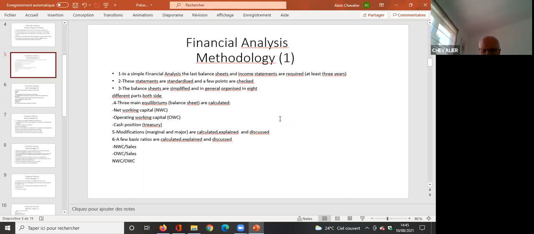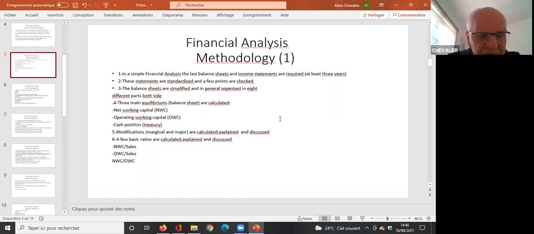I will come back on details in calculations on that, which are, we have 3 main equilibriums in financial analysis. The first one being what we call the net working capital, the second one the operating working capital, and the third one the cash position. You see that on my slide, and I will simplify these words using 3 letters, at least for the first 2 elements.